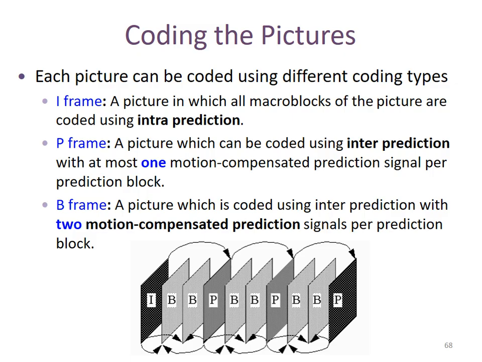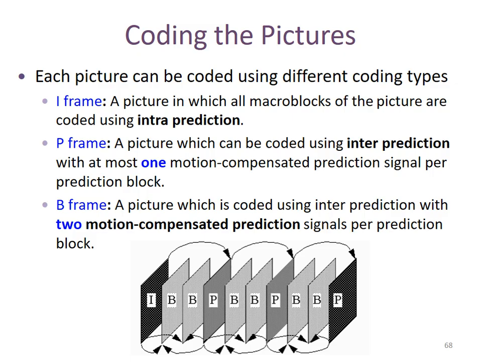For P frame, that means we apply inter-prediction. When we apply the compression method for these P frames, it refers to the previous I frames. So for inter-frame video compression, we call that P frame. The last one, B frame, uses bi-directional motion compensation prediction.